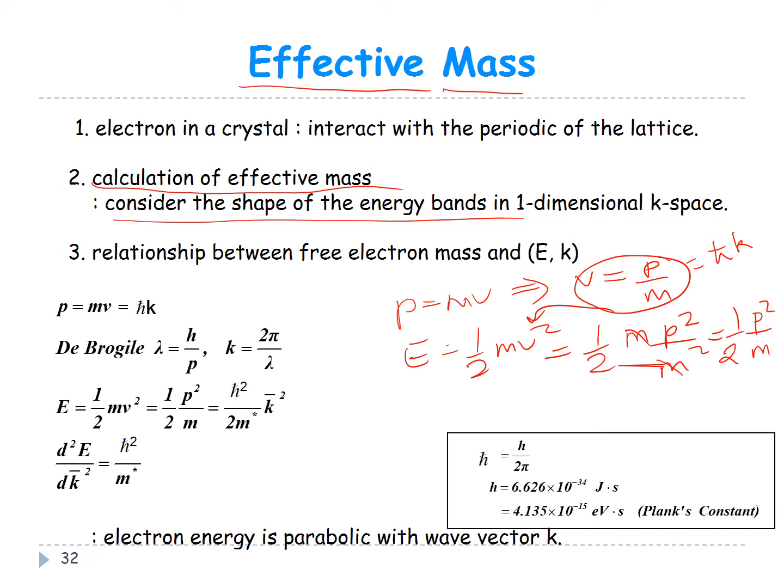So the k propagation wave vector is actually proportional to the momentum, and the constant of proportionality is h bar, which is Planck's constant divided by 2 pi.